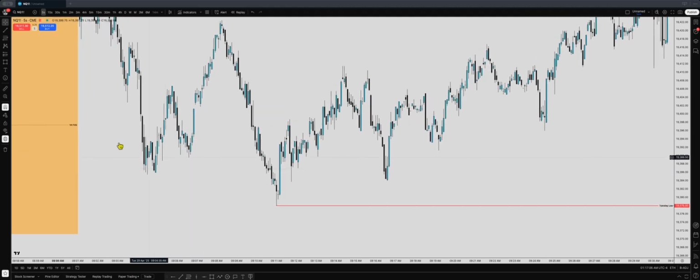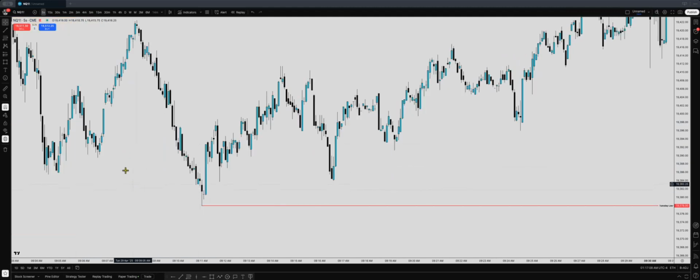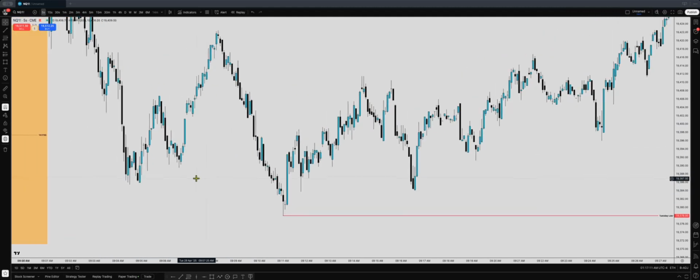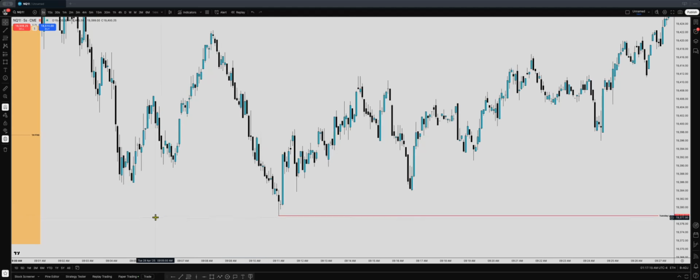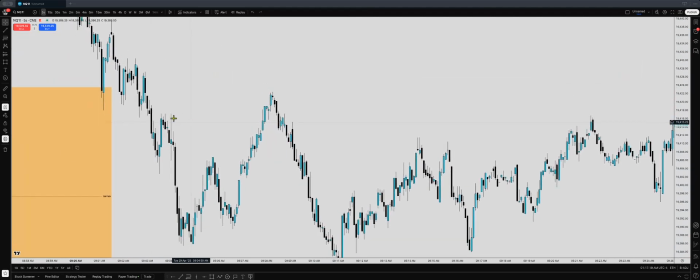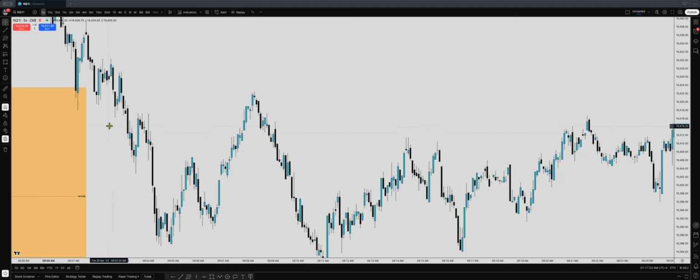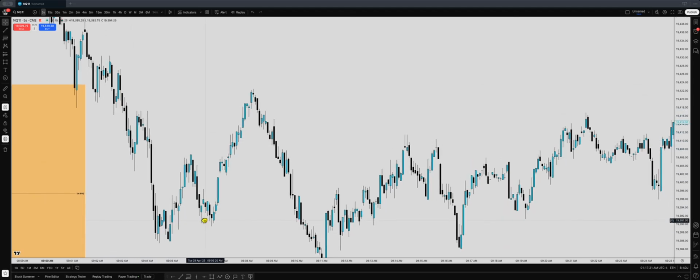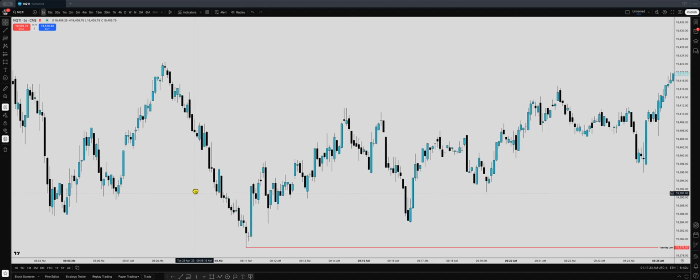Okay. So we're looking for longs at this point because we're deep in discount, right? So once we've entered it, I'm looking for that same formation to the upside. And as you can see, it does not present itself anywhere, anywhere, not here.